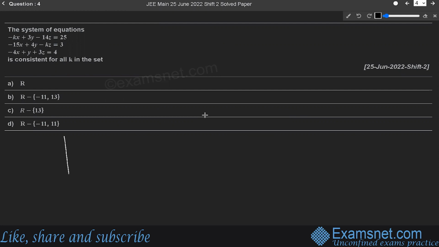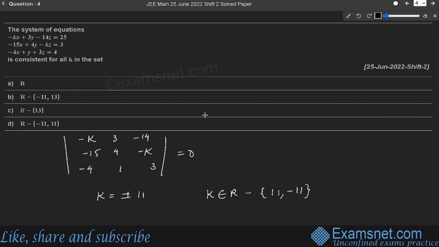So, the determinant will be |−k, 3, −14; −15, 4, −k; −4, 1, 3|, which will be equal to 0. Therefore, we can say that k will be equal to ±11. Hence, if the system is consistent, then k belongs to R − {11, −11}. So the correct option for this question is option number D.